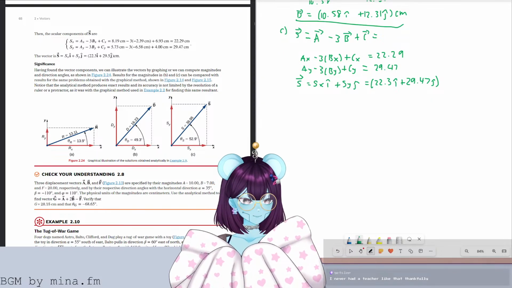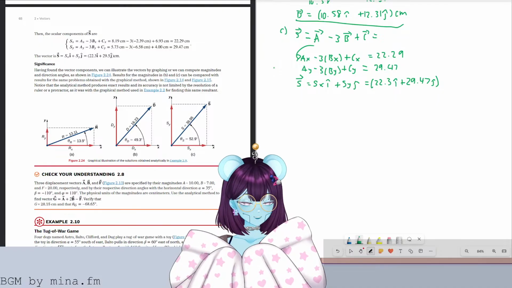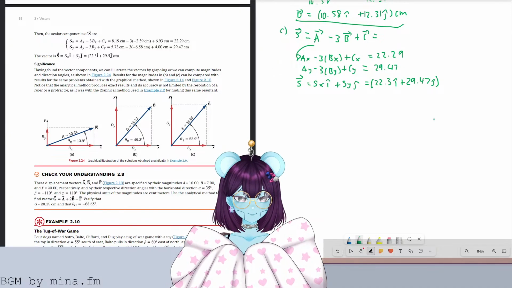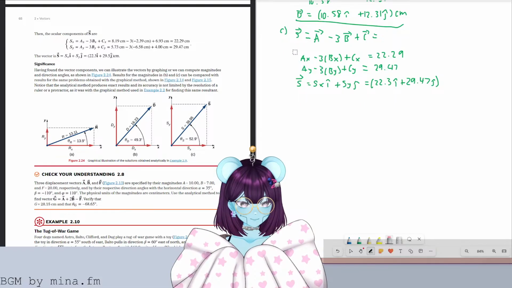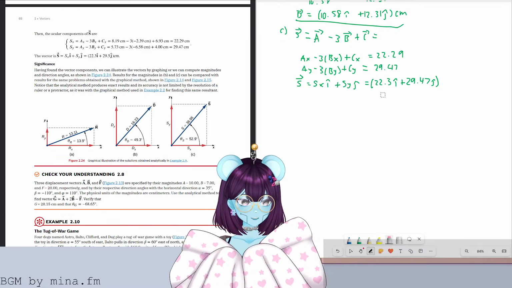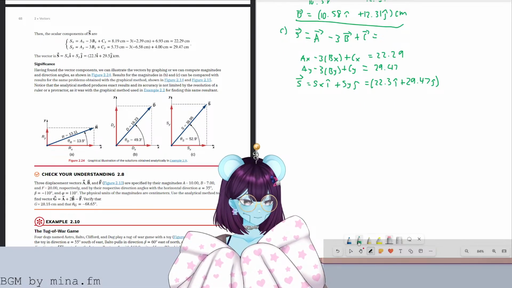So basically, we could do all these operations just like regular math, even if it isn't a vector. I don't know why my undo button is not working. Anything that isn't a vector, and then we can get a resultant from it.